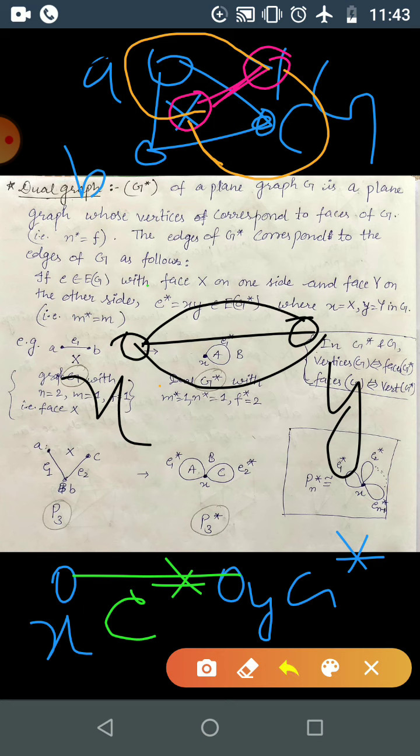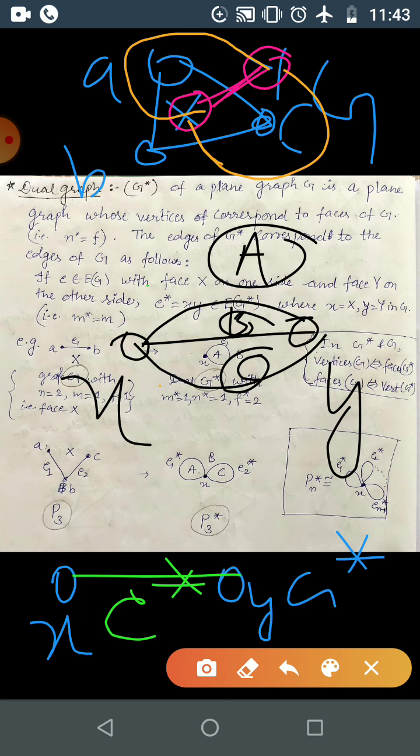Here the vertices will be A, B, C, corresponding to faces of G star. So vertices of G correspond to faces of G star, faces of G correspond to vertices of G star, and edges correspond to edges. Suppose this is A, this is B, this is C. A is unbounded here, and B and C are bounded.